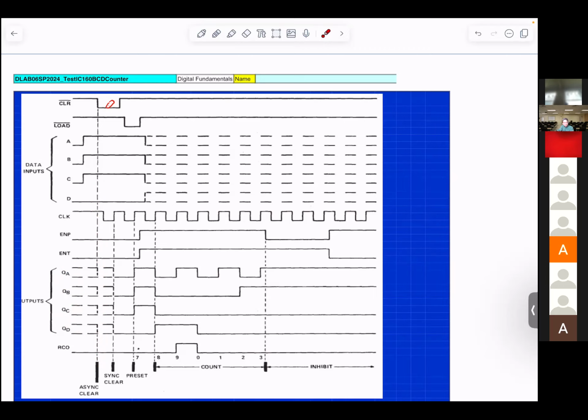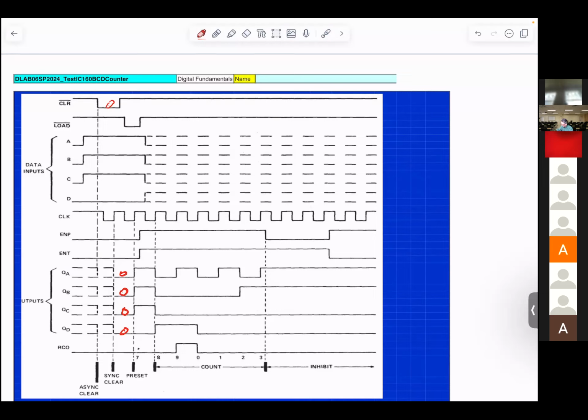For output, they are supposed to be 0, 0, 0, and 0. Now, what happened to the input?